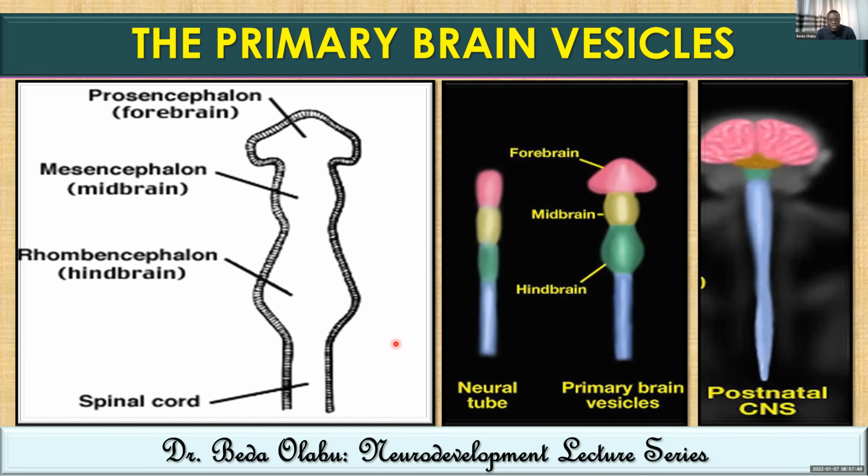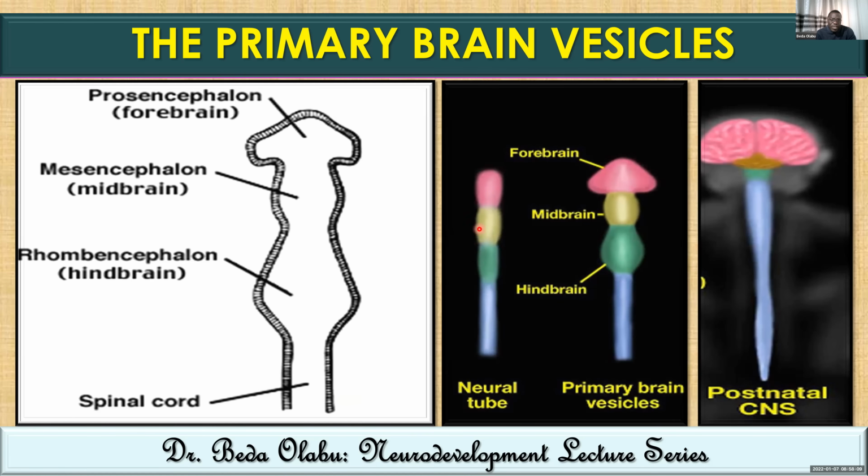That's why even in this image, a bigger portion of the neurotube is shown to be giving the brain, and a smaller portion of it, the caudal 1/3, gives you the spinal cord.